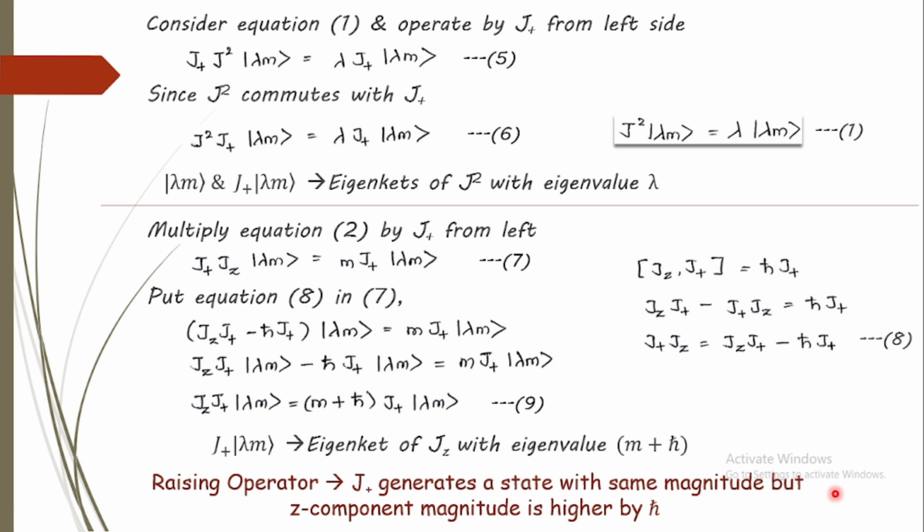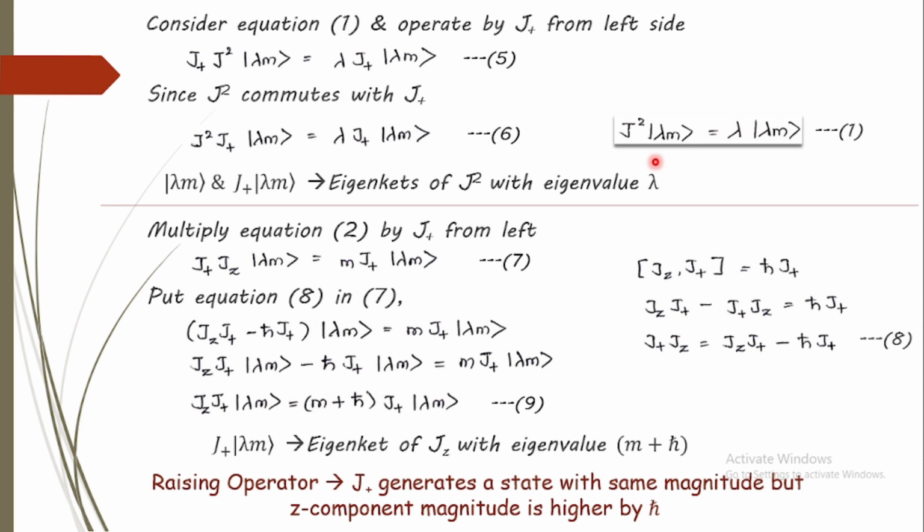If it goes on continuing, then our equation number 4, that lambda should be greater than or equal to m square, will not be valid. Our m square, which changes to m plus h and on repetition m plus nh, is going to become more than lambda, but that is not true.